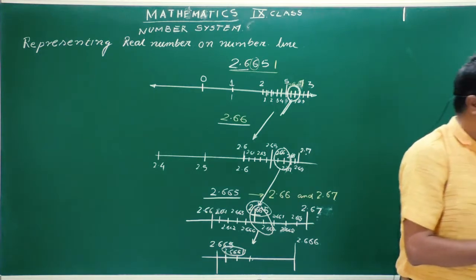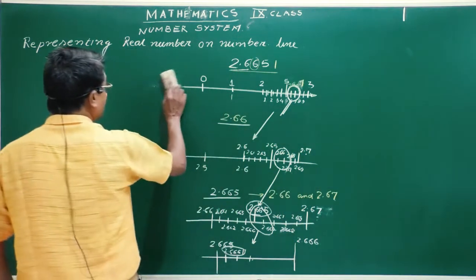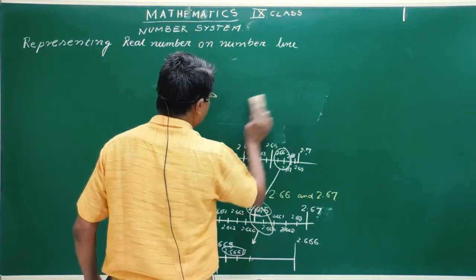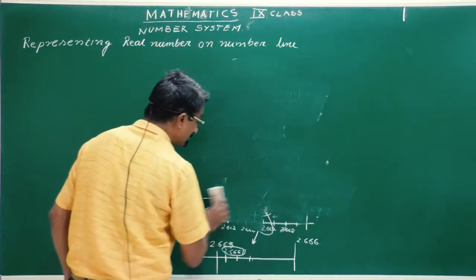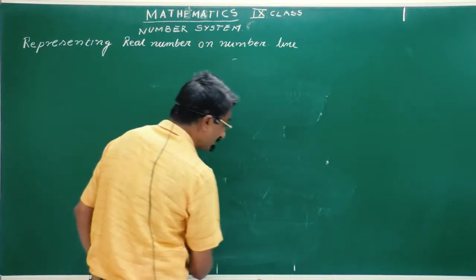Now you can also mark the rational numbers which are repetitive. This is a terminating number, means this is terminating after 2.665, but if it is not terminating, it is repetitive in nature.